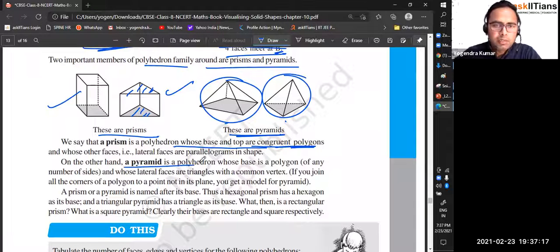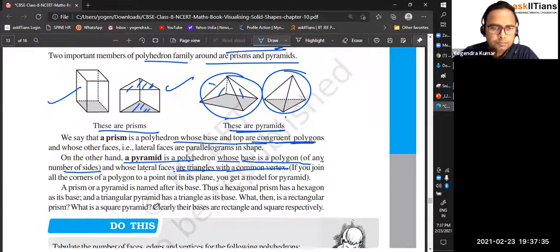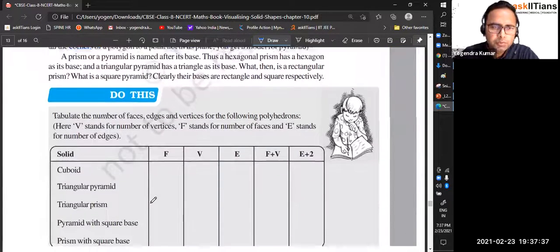But a pyramid is a polyhedron whose base is a polygon of any number of sides, and whose lateral faces are triangular. Yes, these are the triangles here, right? This is what you need to remember.